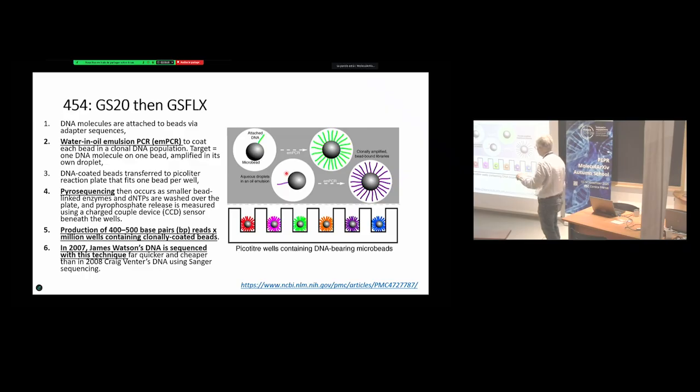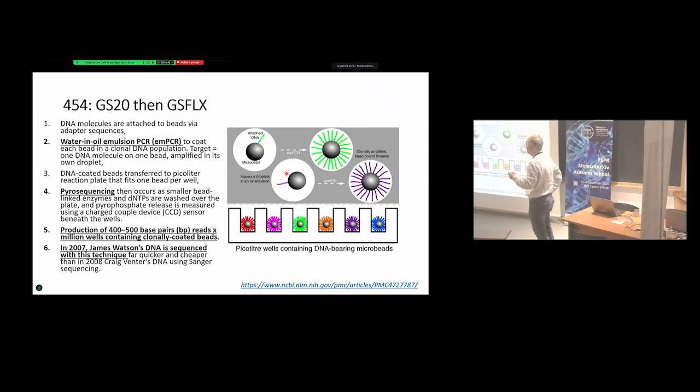And so you can have a very efficient sequencing with that. This type of pyrosequencing, through the coupling with a CCD camera, allowed the production of 400 to 500 base pairs reads and to cover millions of wells that contain these clonally coated beads.